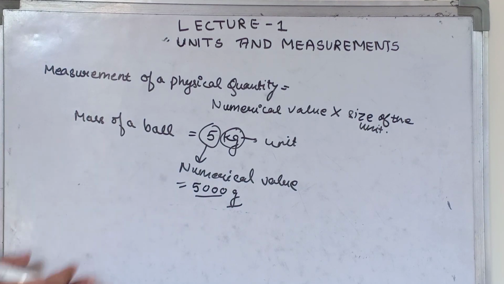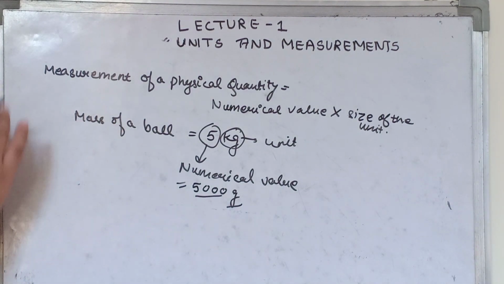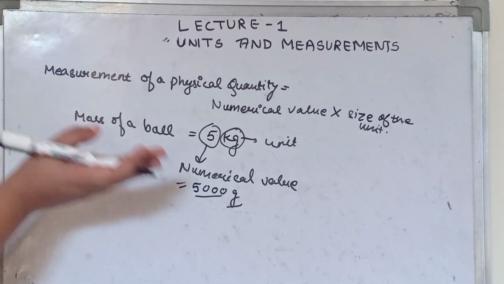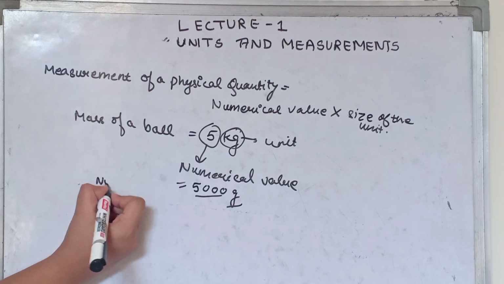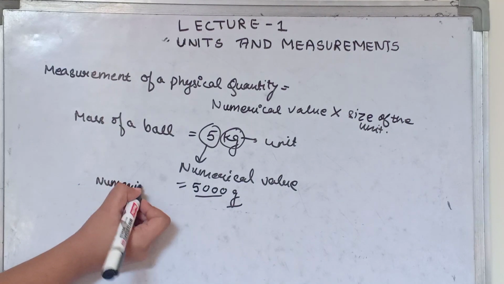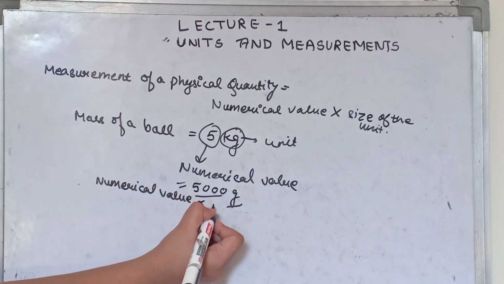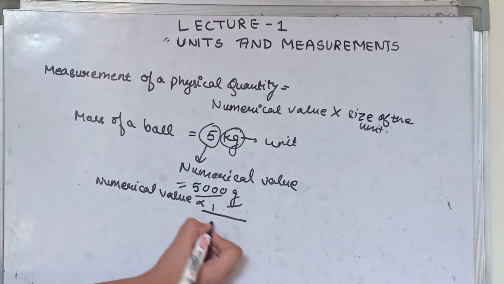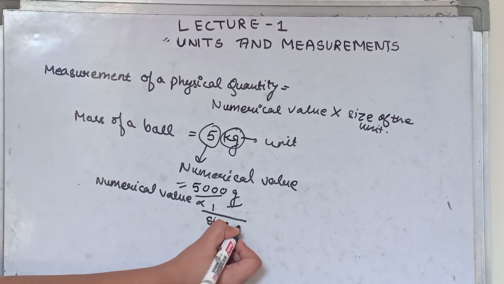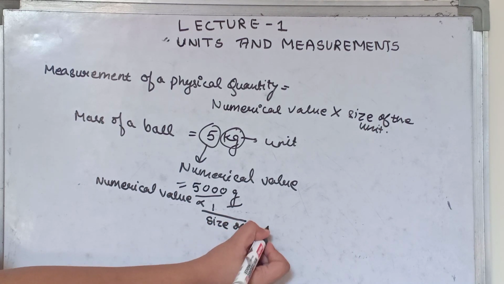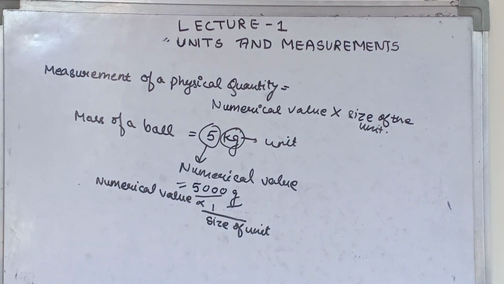Fine. Now see, what can we infer from here? We can very easily say that any numerical value is inversely proportional to the size of the unit. Very easily you can see here.